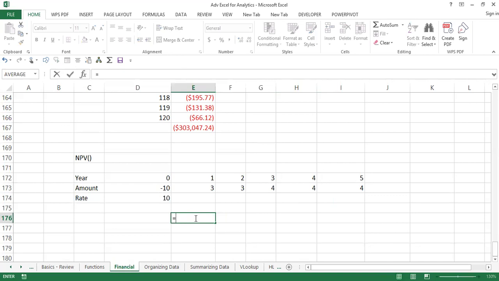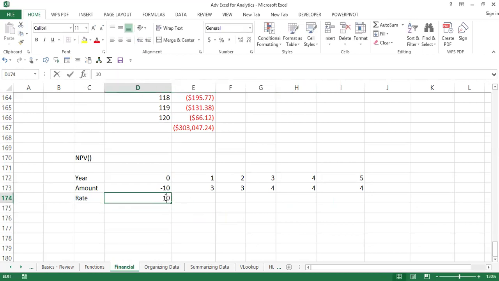So if you say NPV, what is it asking for now? Rates. Sorry, this rate should be in percentage. The rate can be 5%, can be 10%. Is it the rate can be either 10%, 5%, or 20%?